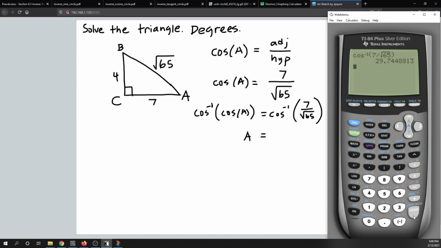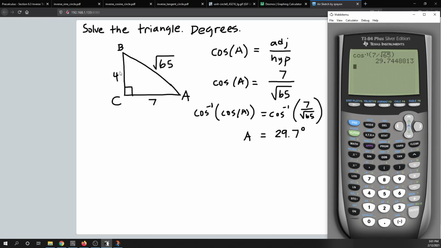All right, and so we get 29.74 degrees. That says round final answers to 1 decimal place, right? So that will be 29.7 degrees on that one. All right, and so we have angle A.